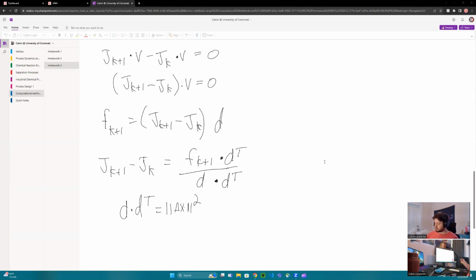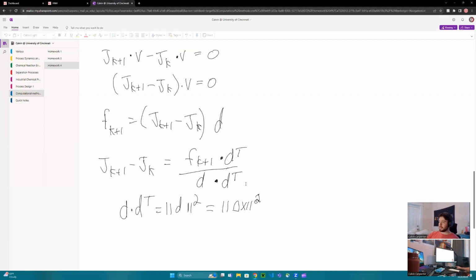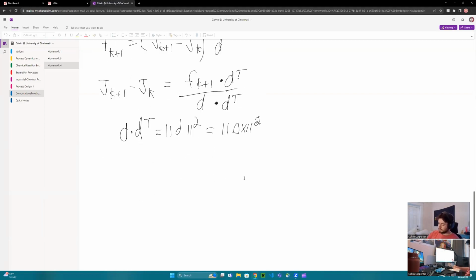So yeah, that's right. Okay. Actually, I'm going to rewrite this. Let's break it down further. So we're just going to go D first, and that's going to be equal to delta x squared. That's better. Okay. So now if we plug this back in, and isolate for our updated Jacobian to fulfill the information for part A, we are left with J of k plus 1 minus J of k is equal to f of k plus 1.